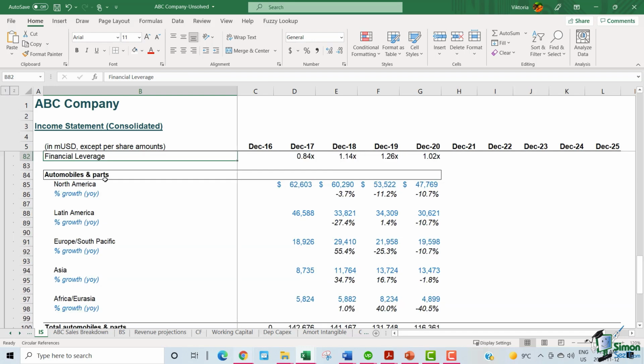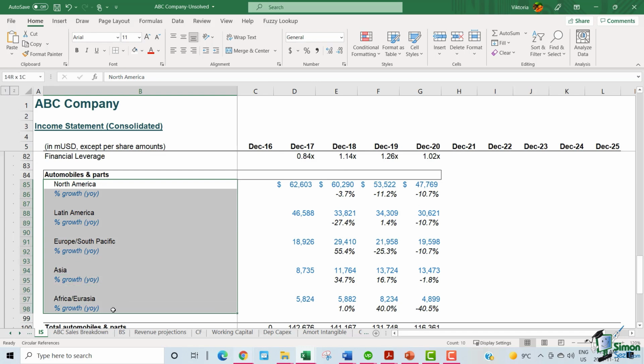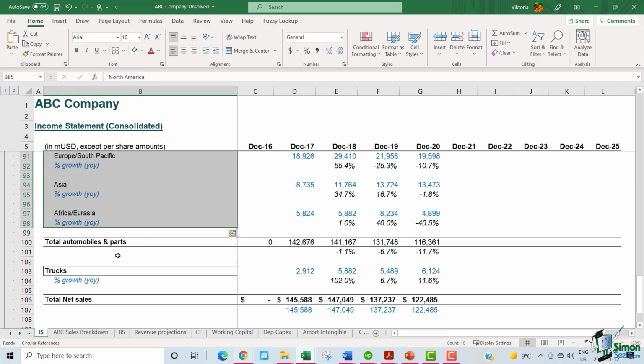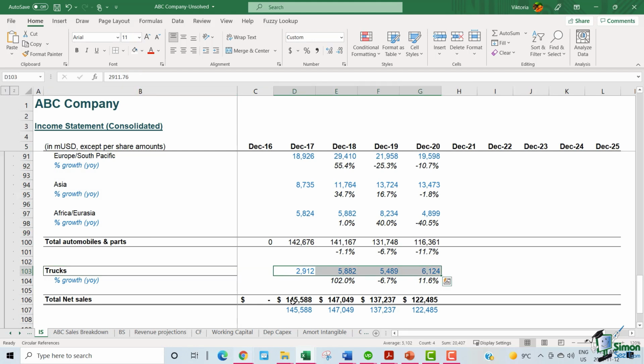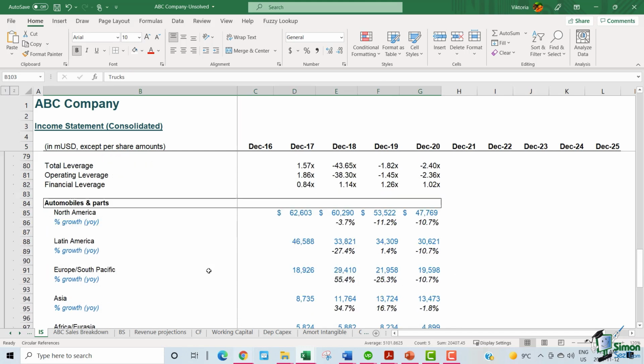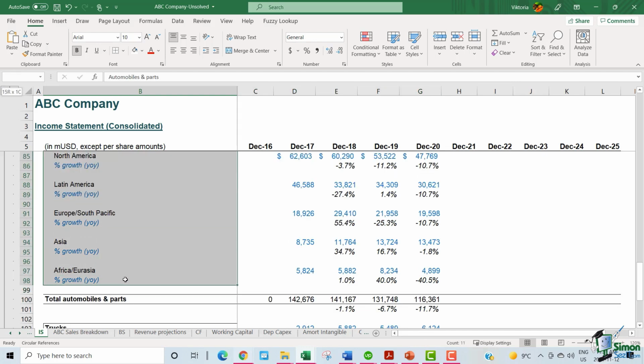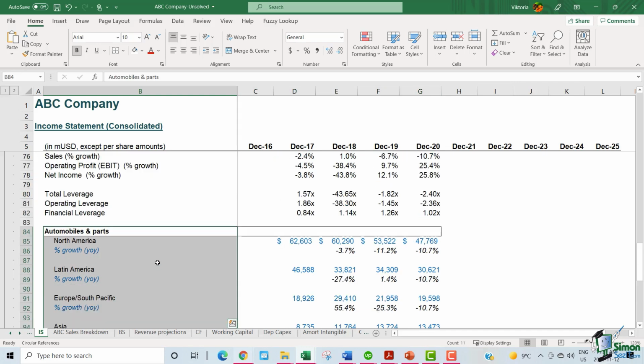For automobiles and parts, ABC further provided a breakdown by geographic location, and for trucks, it just provided one number without breaking it down. So we can assume for trucks, this is the global truck sales. And for the automobiles and parts segment, we will break down the sales into each geographic location.